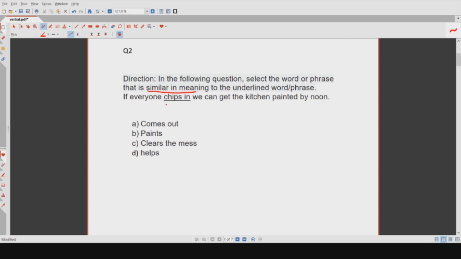So if everyone comes out, we can get the kitchen painted by noon. I don't think it makes any sense with chips in and comes out. No, so this option will be eliminated. If everyone paints, we can get the kitchen painted by noon. Yeah, it is making sense.